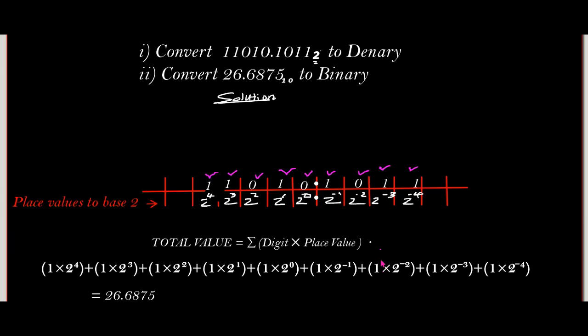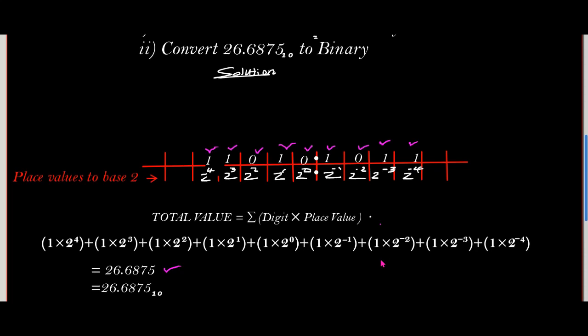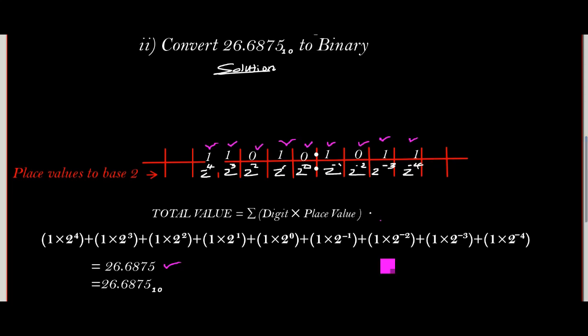You can leave it without a base, or you can put base 10 as a subscript to show that the number system you found is actually to base 10, the total value. Base 10 is the only base which is silent. So converting any number system to denary, you simply look for the total value.